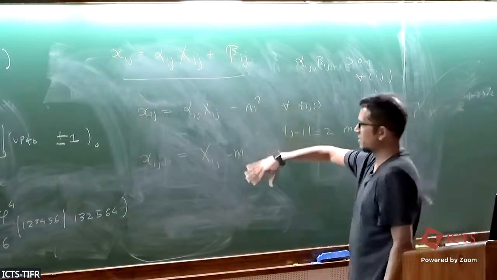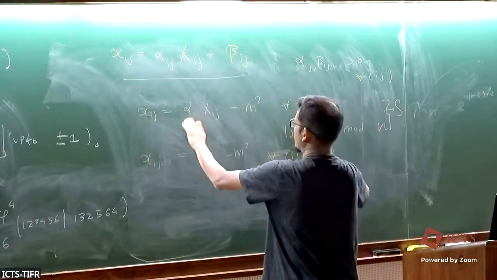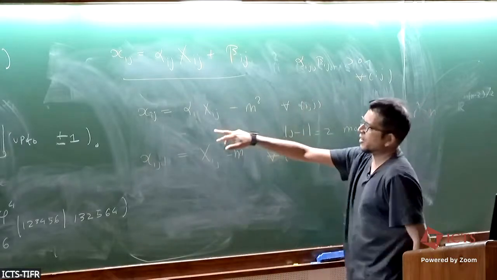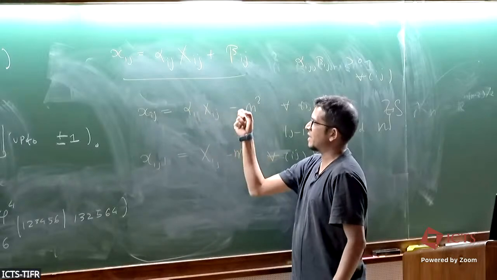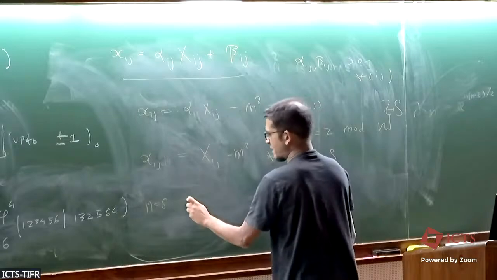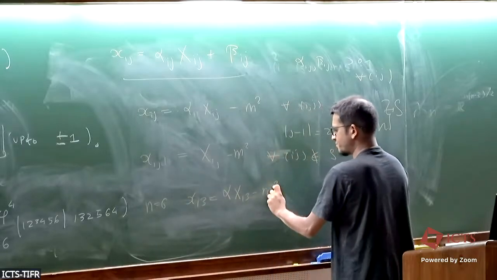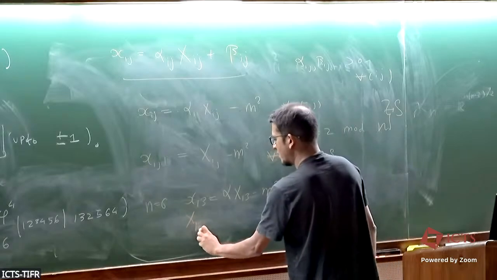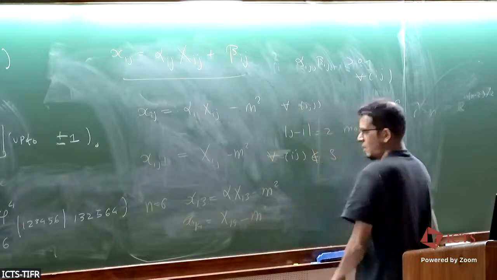Now you take this. Actually, let me put the same alpha for simplicity. So the point is that if you have x13, then you have alpha X13 minus m square. So in n equal to 6, what this diffeomorphism is telling me is that x13 is alpha X13 minus m square, but x14 is simply X14 minus m square.